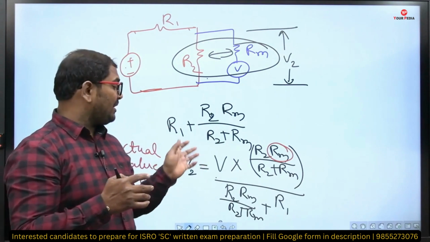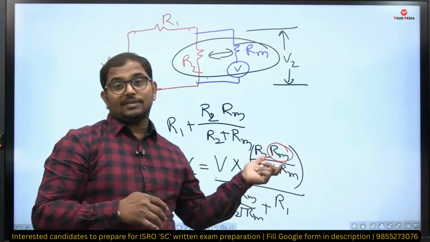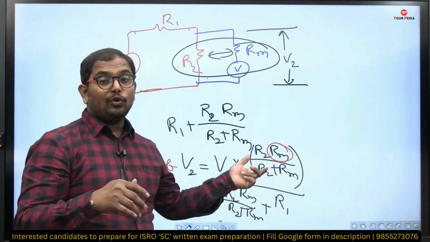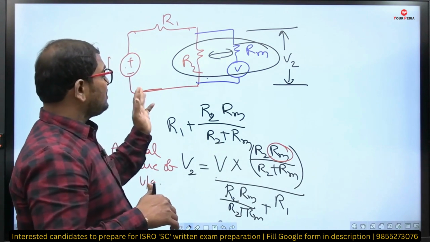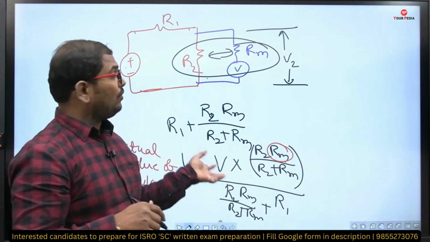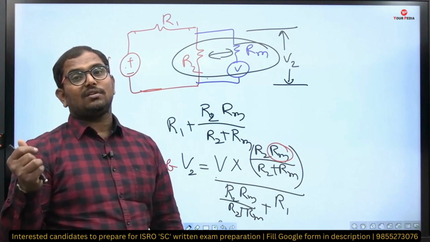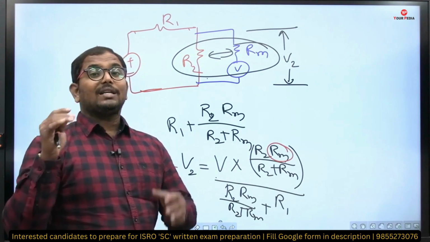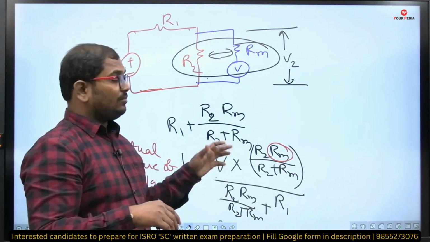It is completely changed because of the existence of the resistance of your voltmeter. So this is the effect of loading of your ammeter or voltmeter. Because of the internal resistance offered by either the voltmeter or ammeter, the original values of your voltages and currents are altered, depending on the system.